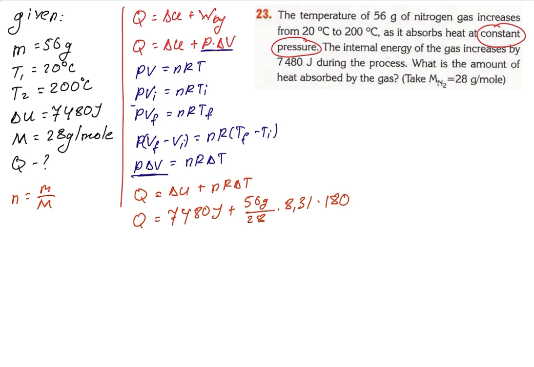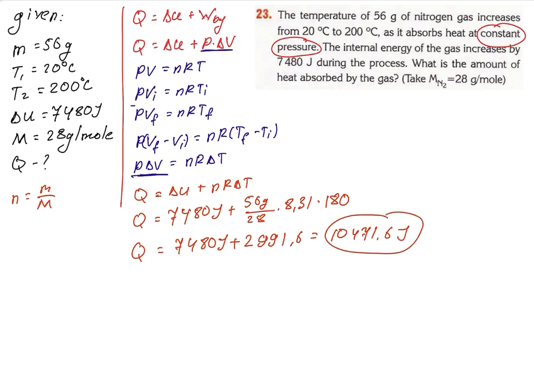Here it's not necessary to convert to kelvins because we only need delta T. We're going to get the same number for Kelvin and Celsius in delta T. So the answer should be 7,480 joules plus 2,991.6, which is equal to 10,471.6 joules of energy absorbed by the system.